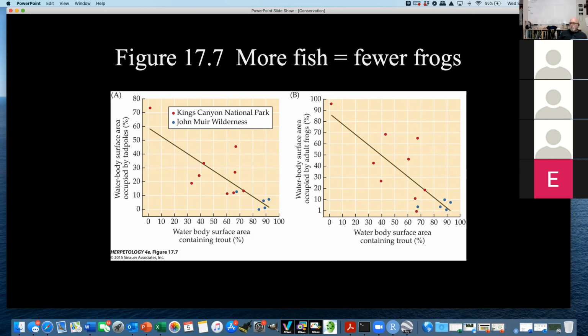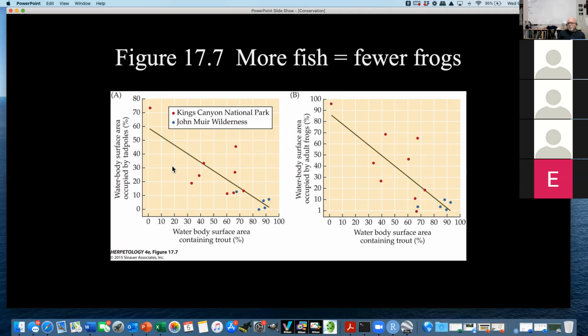Over time, people have wanted to go to these ponds and fish, and so they've introduced fish into these ponds and lakes that previously were fishless. And the main result of this is that those fish are predators on frogs, both adult frogs and tadpoles. And as a result, the introduction of trout, for example, has led to a decline in frog populations over time.